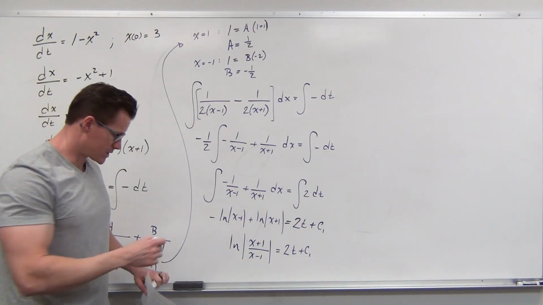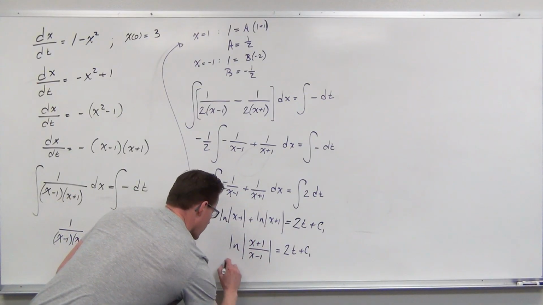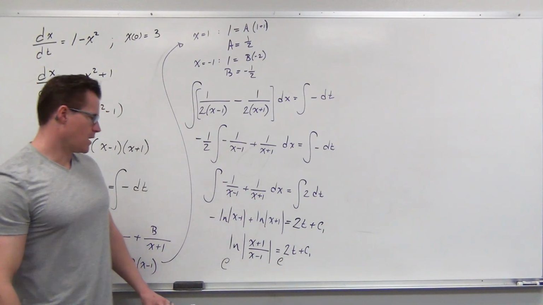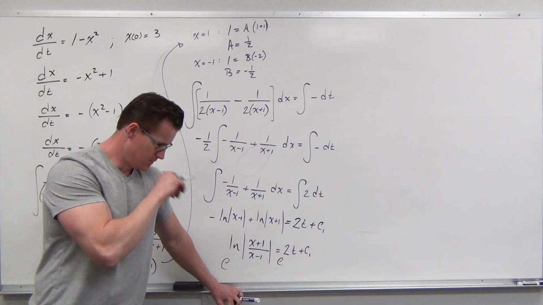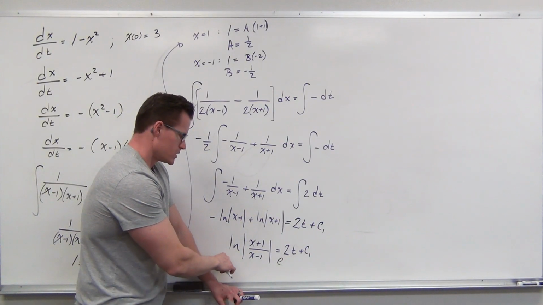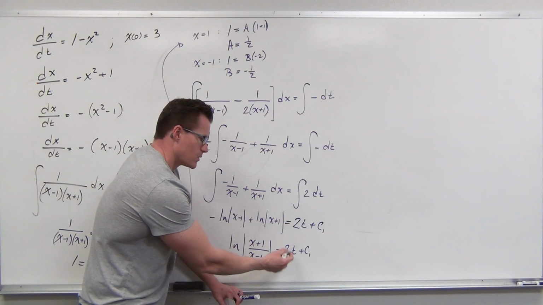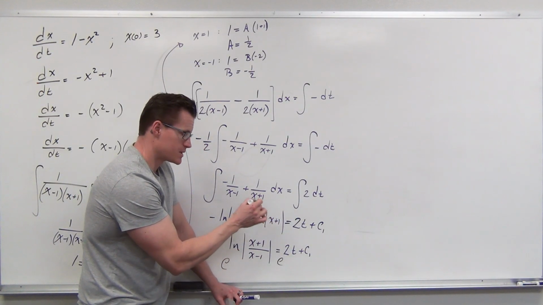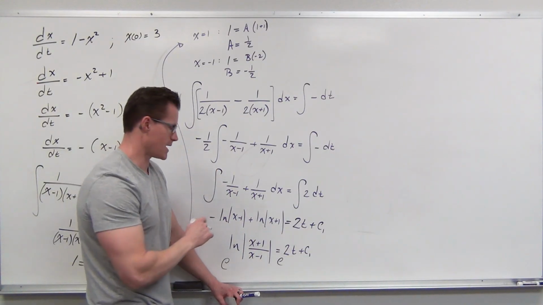Now we're ready to take both sides as an exponent on e. So we go, all right, e to the both sides here. On the left-hand side, because we literally just did it, we're going to have x plus 1 over x minus 1. On the right-hand side, you know that you'll have e to the 2t times e to the c sub 1, and we're going to put the absolute value equals plus and minus that.